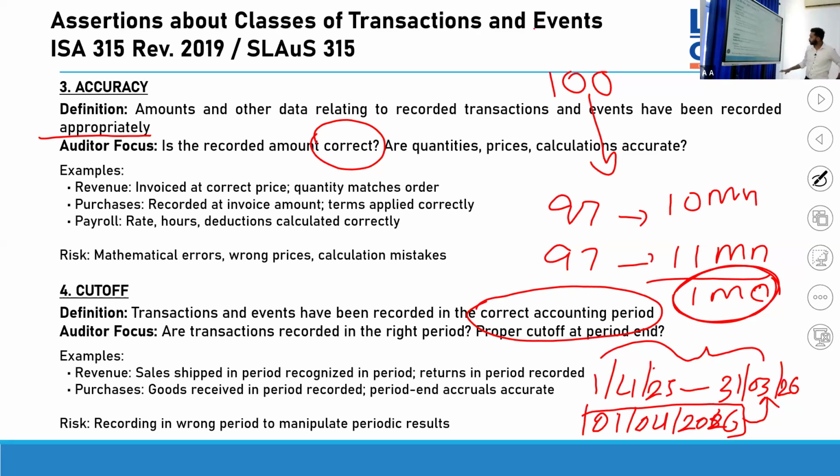Therefore, it is a cutoff issue. That is cutoff, which means we must record transactions and events in the correct accounting period. So as an auditor, we must focus on whether the transactions are recorded in the right period or not. We must ensure that, right?